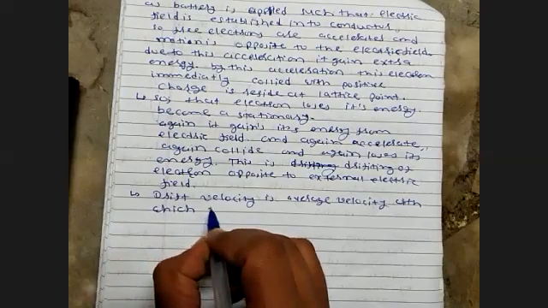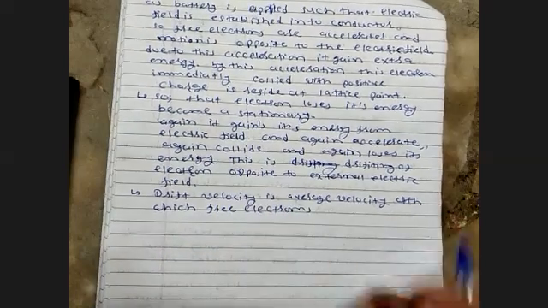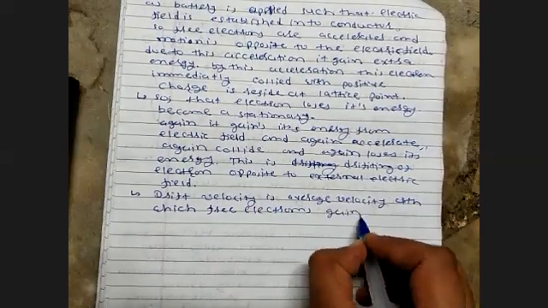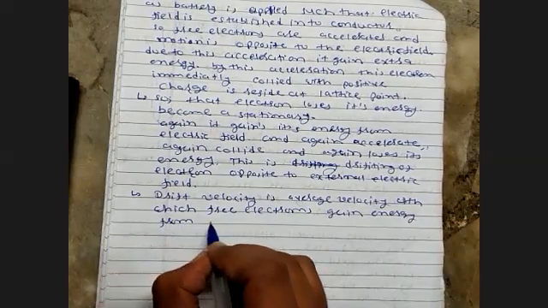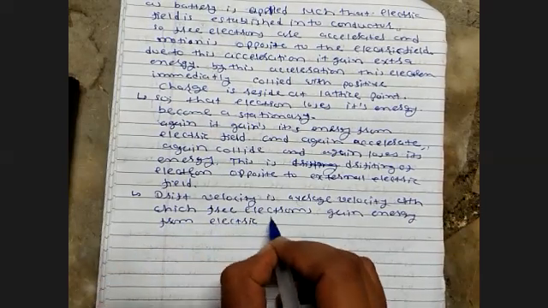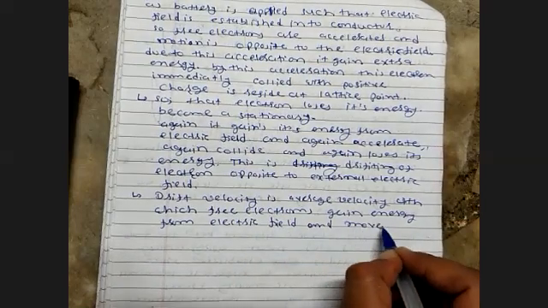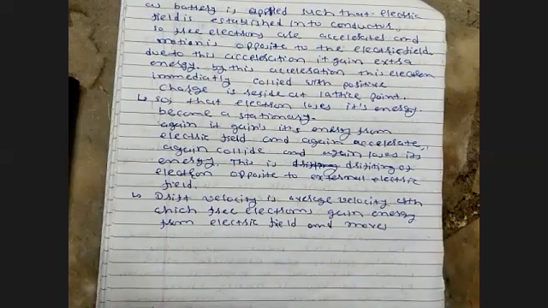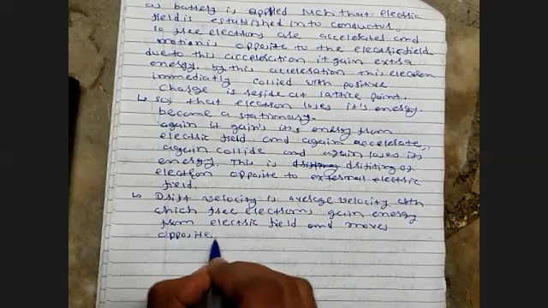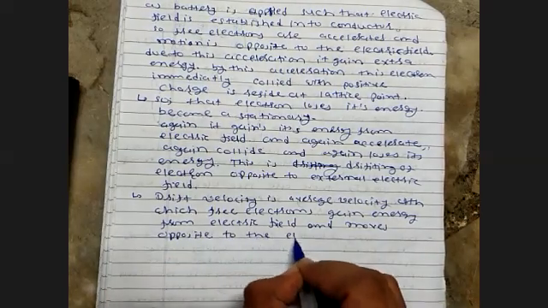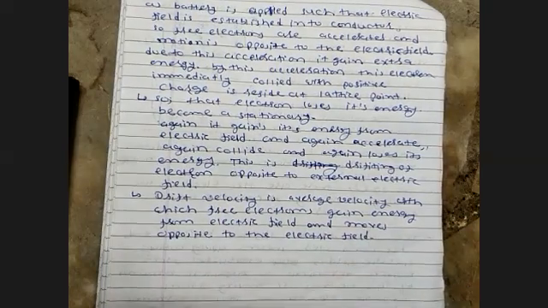Free electrons gain energy from the electric field and move opposite to the electric field.